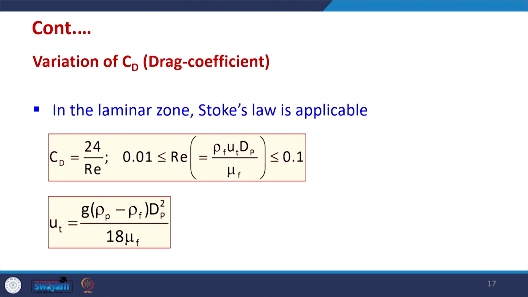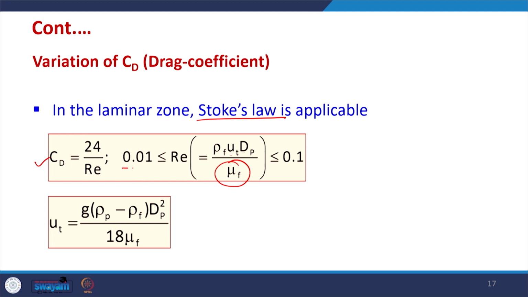Now, how can these be modeled? In the laminar region where Stokes law is applicable and C D decreases linearly with Reynolds number, C D is given as C D is equal to 24 by R e, and this is applicable for the particle Reynolds number which is given as rho f into u t into d p by mu f, the fluid viscosity.